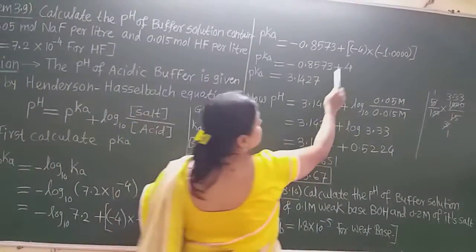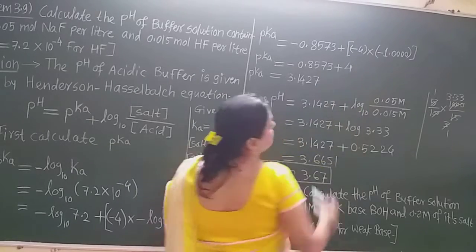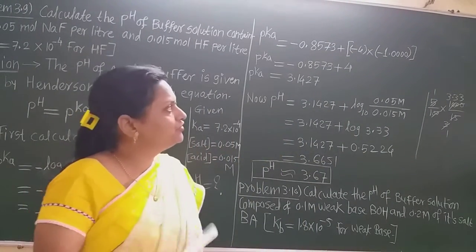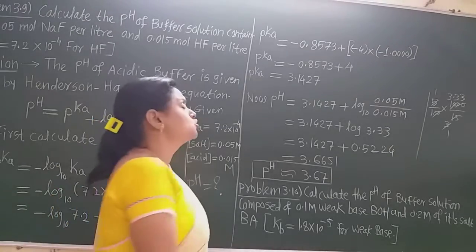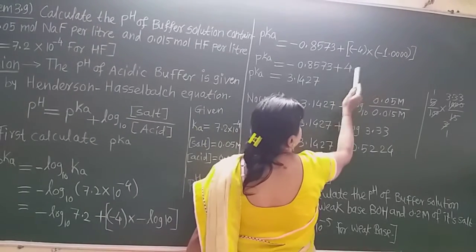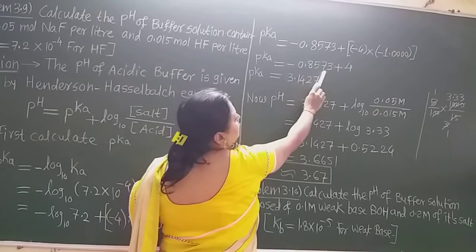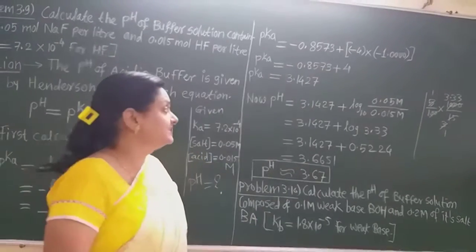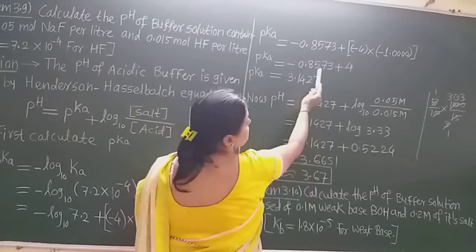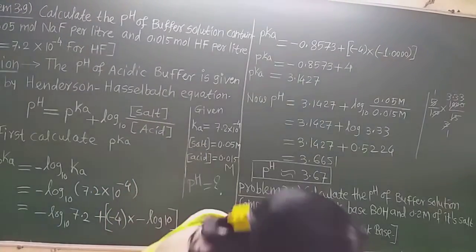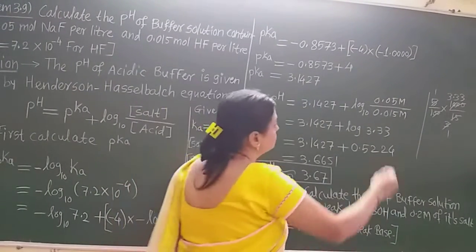So multiply this minus 4 into minus 1, because minus 1.00 means only minus 1. So minus 4 into minus 1 becomes plus 4, and this minus 0.8573 is as it is. Now subtract this 0.8573 from the 4.